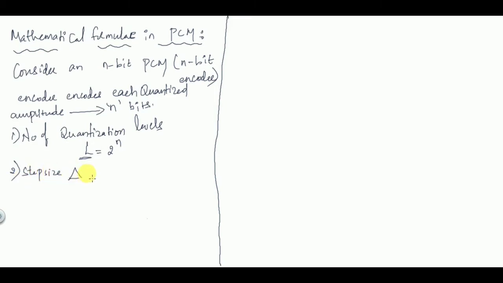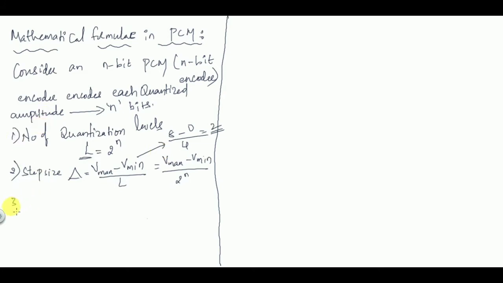Step size delta is equal to, the generalized formula, Vmax minus Vmin by L. That is Vmax minus Vmin divided by 2 power n. So in the previous example we have taken Vmax as 8 and Vmin as 0 and L is 4. So that is why the step size we have taken as 2. I am relating it to the previous video's problem. So that is the formula for step size: delta is equal to Vmax minus Vmin by L.